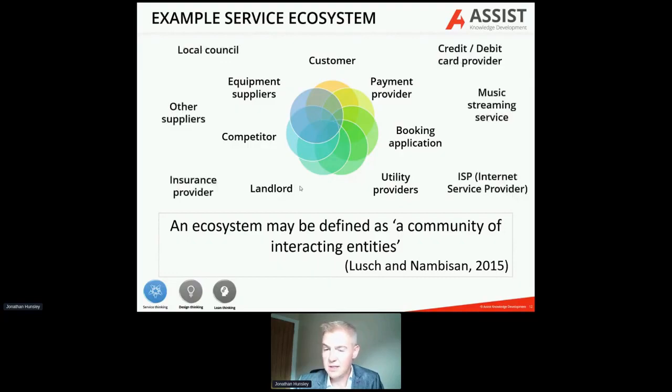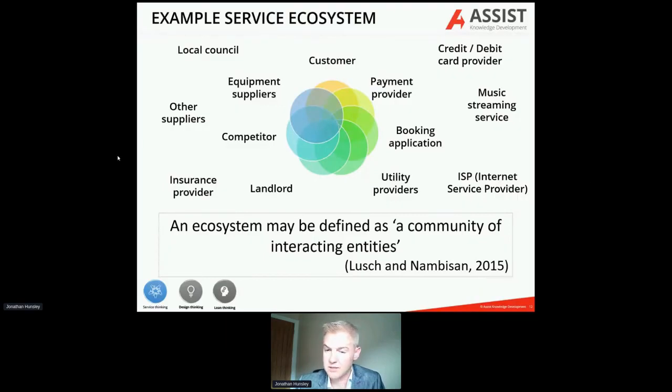There's people like the local council, the local government, the insurance providers, the service provider behind the internet, music streaming services, all interacting in some form or another in order to offer the customer, the stakeholders of this service, some offer of value. And if the interactions work, then the customer might be happy with the interaction. And obviously, if there's a failure in the interactions, there can be problems.